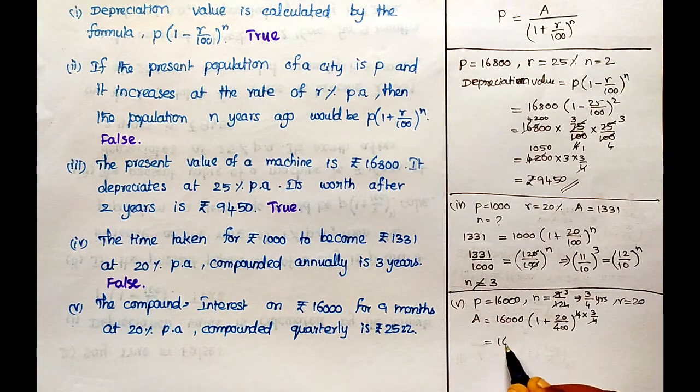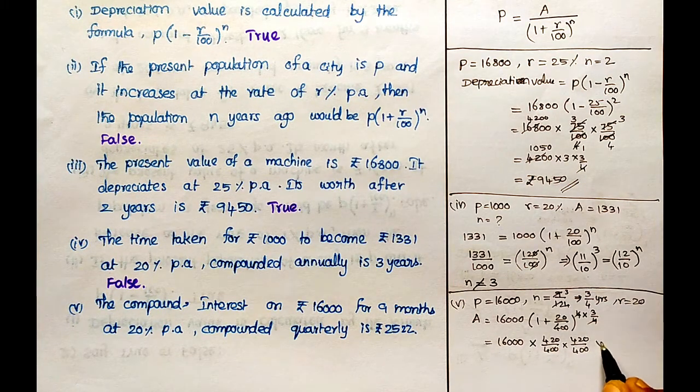We get 16,000 into 420 by 400 into 420 by 400 into 420 by 400, because here it is 3. So 3 times we have to multiply the number.